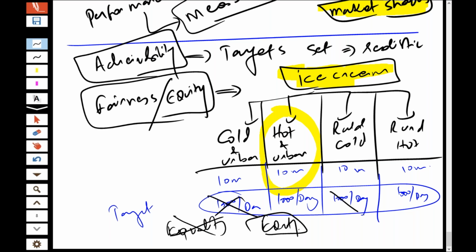This is not fair. Maybe you could set a target of, let's say, 250 a day, 500 a day, 300 a day, something like that. That makes it an equitable target settlement.